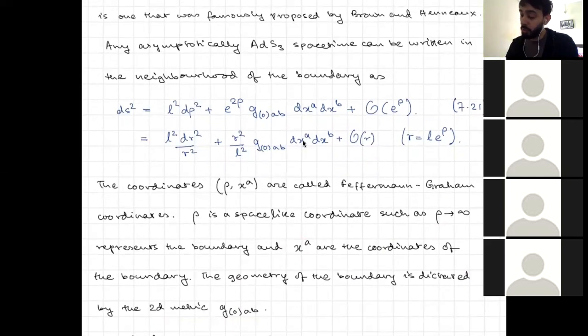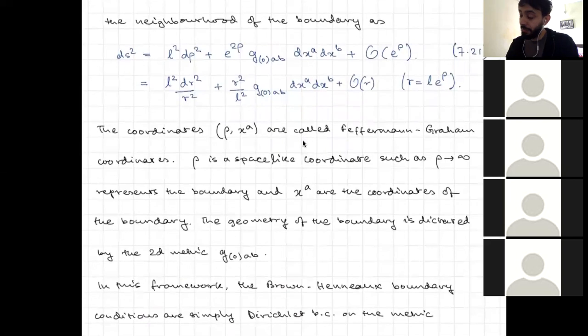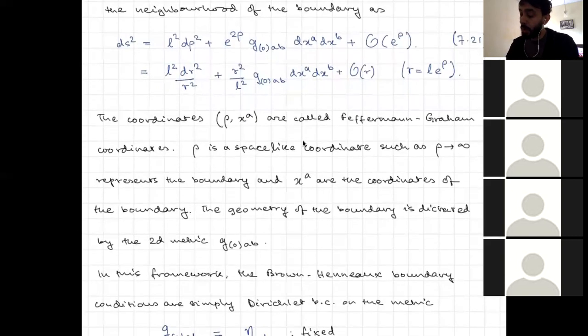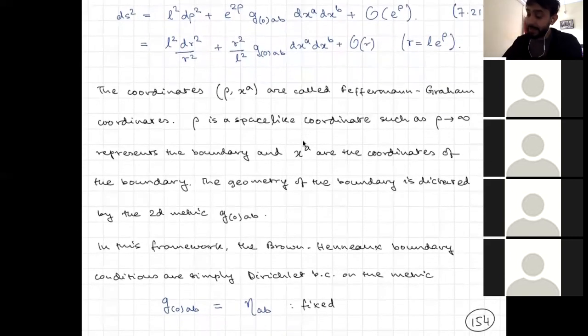Now what do we have to do? So now in this particular framework, the Brown-Henneaux boundary conditions simply boil down to saying that this particular metric at the boundary is fixed to be a flat metric. Okay, this is sort of like a Dirichlet condition on the metric, and it's fixed to be flat.